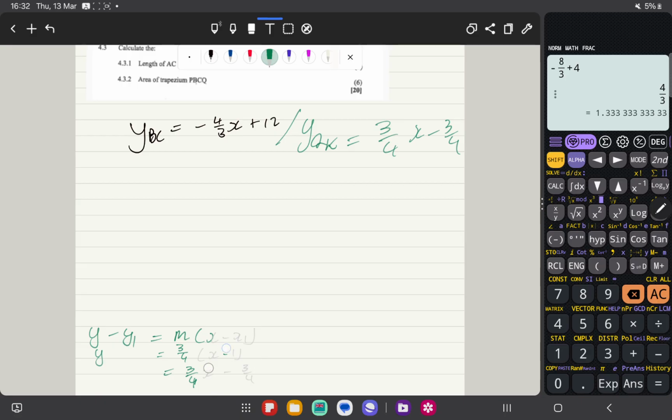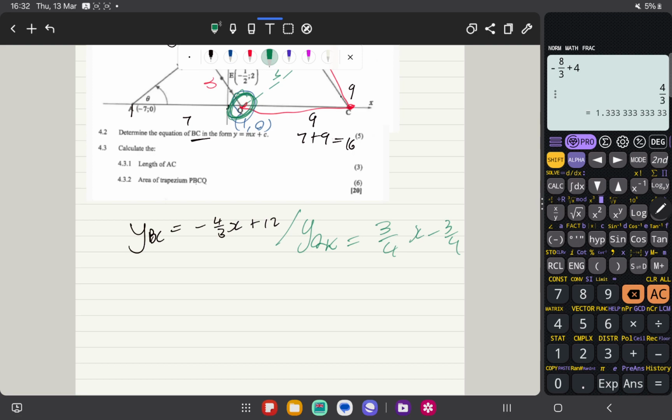Since these values are the same, it's a lot of work. I'm now going to say y equals y, and then I have minus 4/3 x plus 12 is equal to 3/4 x minus 3/4.